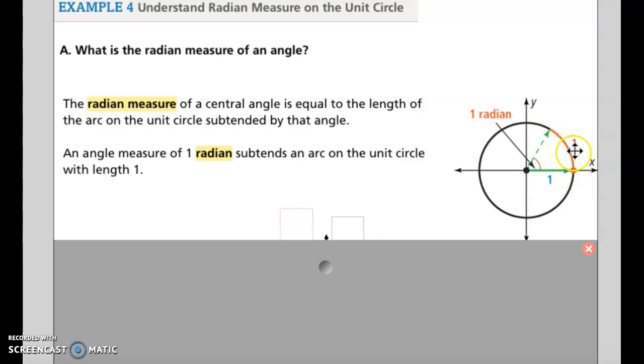When this length is equal to this measurement, I have 1 radian. And really, this happens when my radius is a measure of 1. An angle of measure 1 radian subtends an arc on the unit circle with a length of 1. So when my radius is 1, 1 radian occurs.